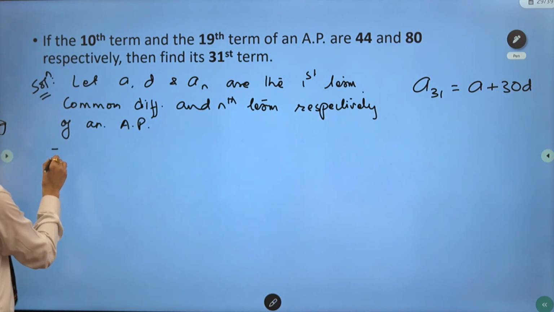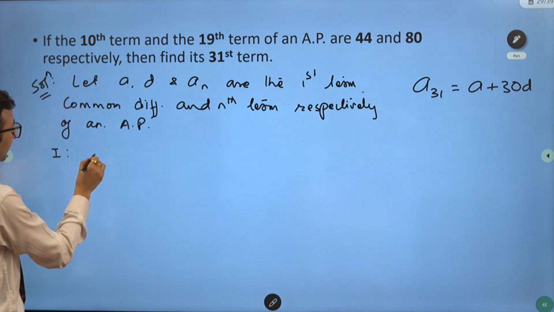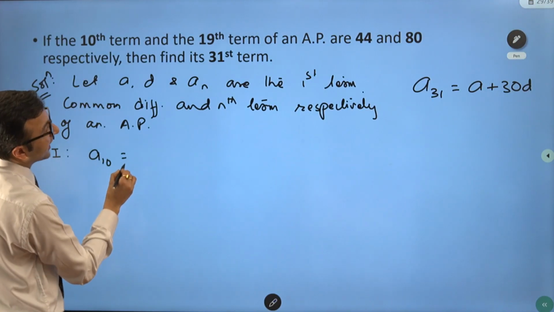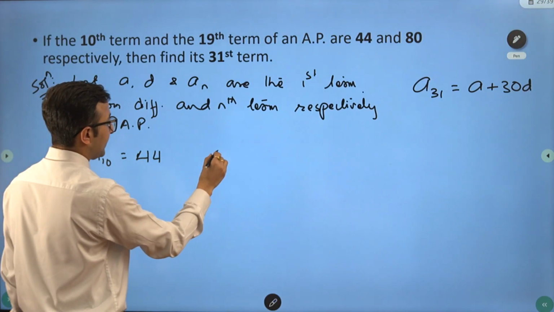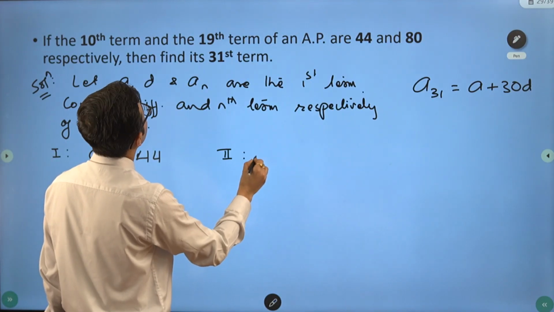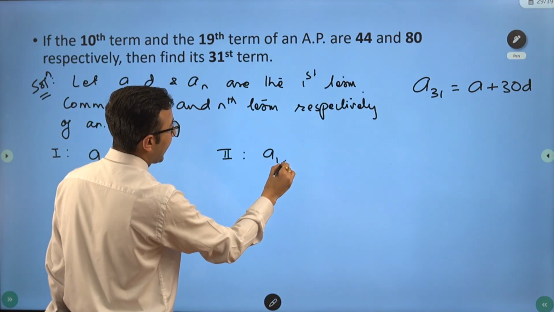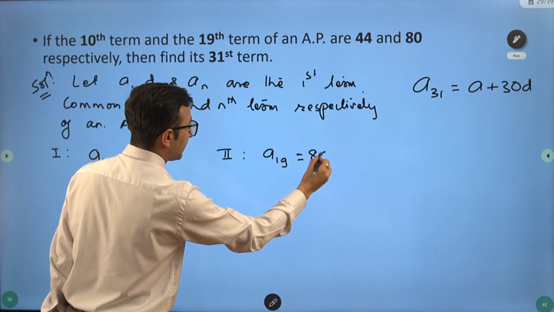So the first thing given to us, the 10th term, means A10 is 44. And second, the 19th term, means A19 is given as 80.